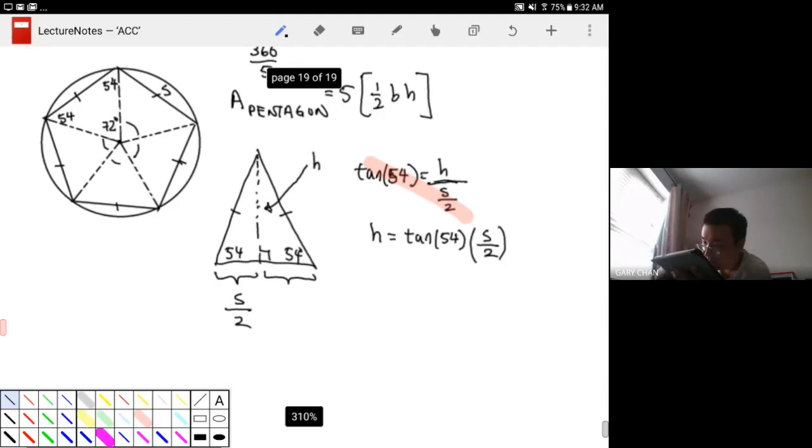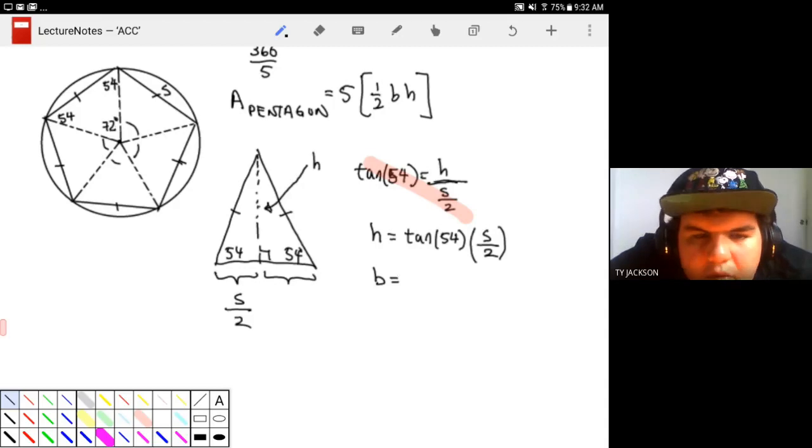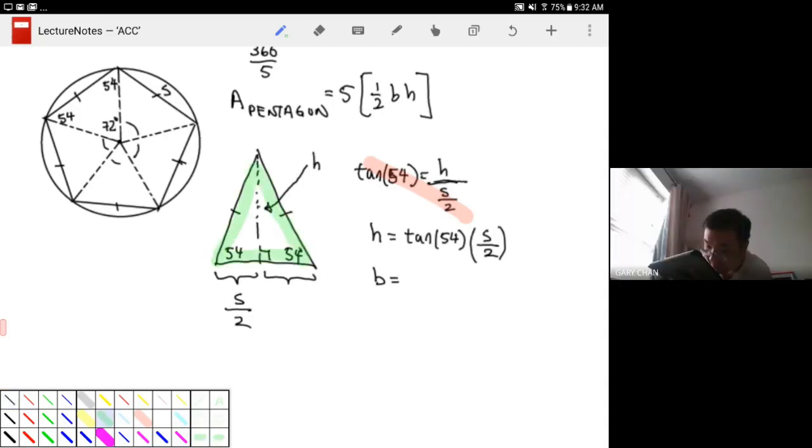And what's the length of the base of the overall isosceles triangle? S or S over 2? That's right, we want the entire thing. What's the base of the entire isosceles triangle?